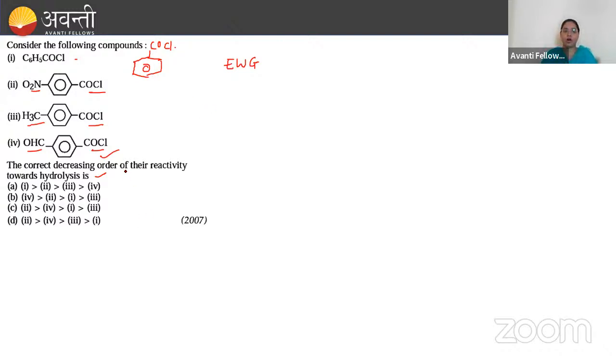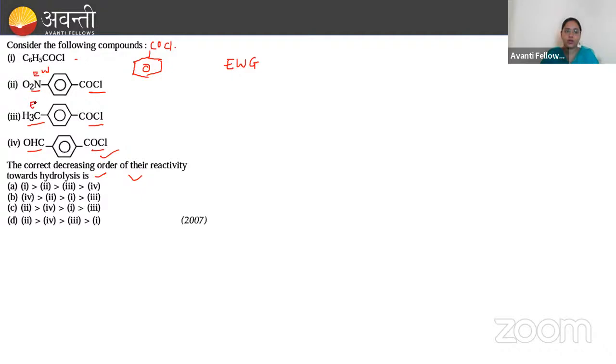Order of this reactivity towards hydrolysis. Can you tell me? I will give you time. So this is electron withdrawing.